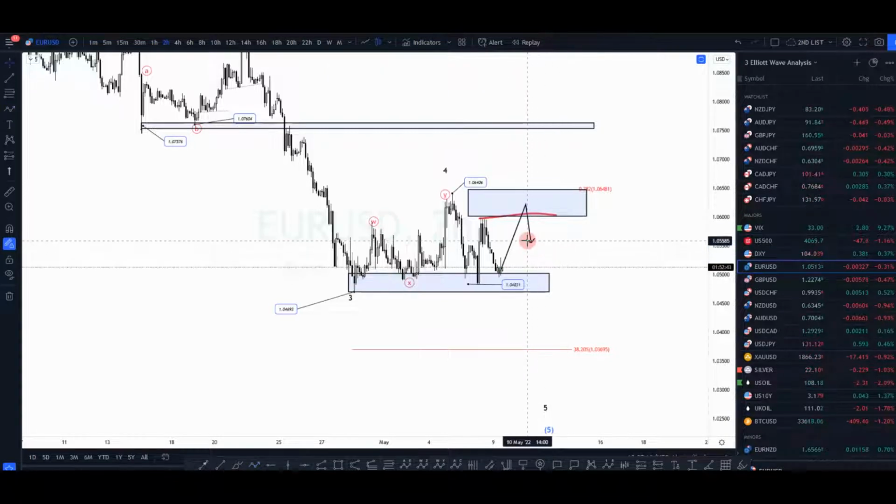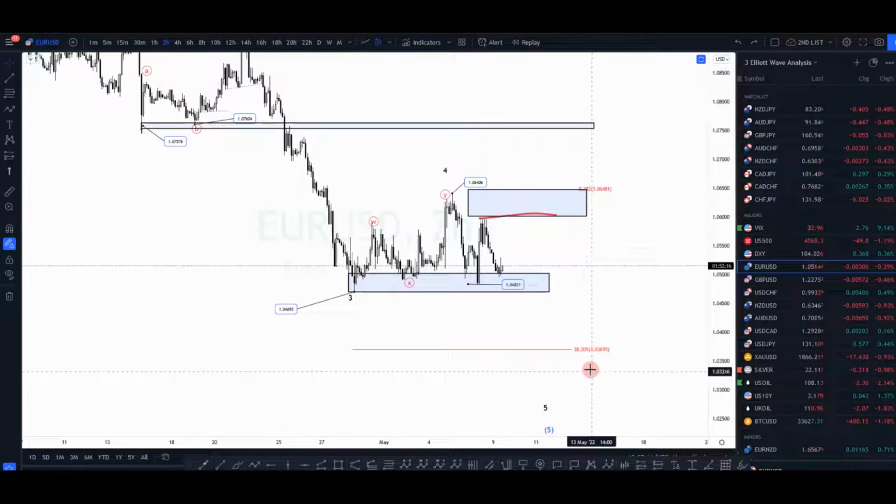But if the price breaks above the zone, then I think we're going to see further rallies to 1.0750. But if the price doesn't get here but instead breaks below here, then further decline to 1.0350, between 1.0369 and 1.0350, should follow.